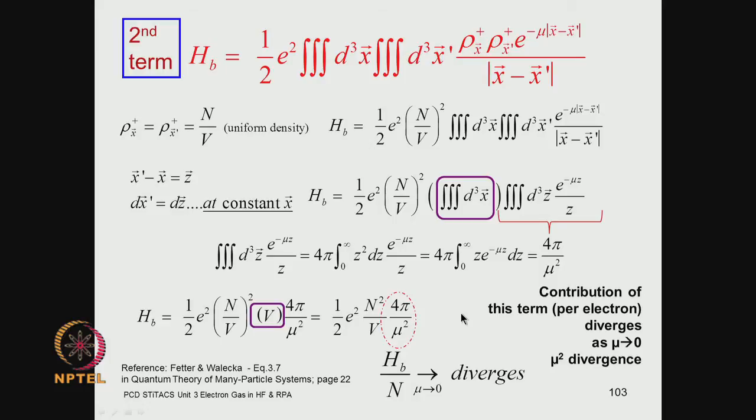So, we will do that. Okay? So, the contribution of this term per electron diverges in the limit mu going to 0. This is referred to as mu square divergence because it is coming from the square of mu in the denominator.